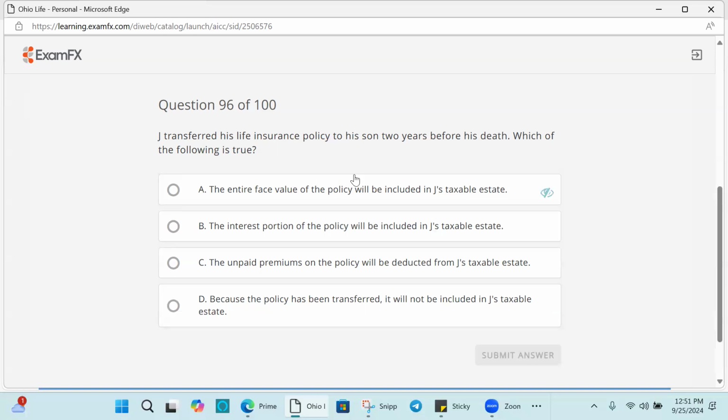The number is 3. Then he did that in 2 years, which means it was a proper time. No, you have to do it more than 3 years before you die. Oh, okay. So the answer is A. So the entire face amount will be included, because it's still his estate.